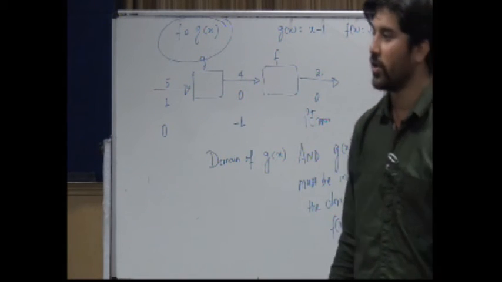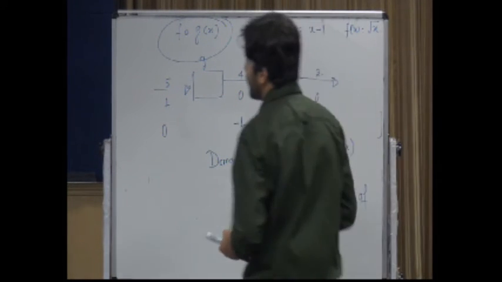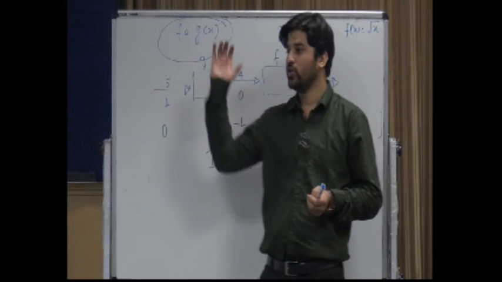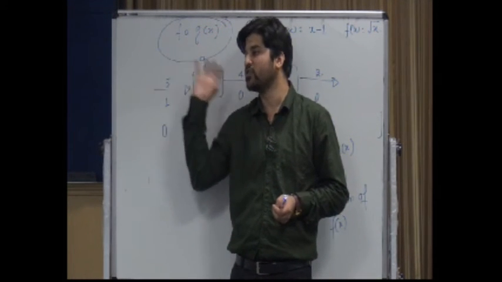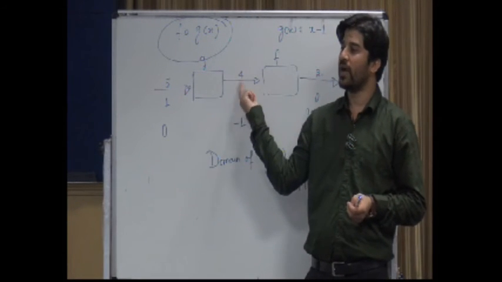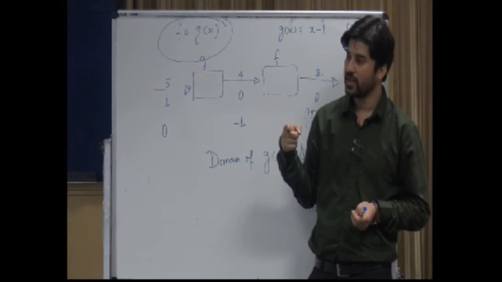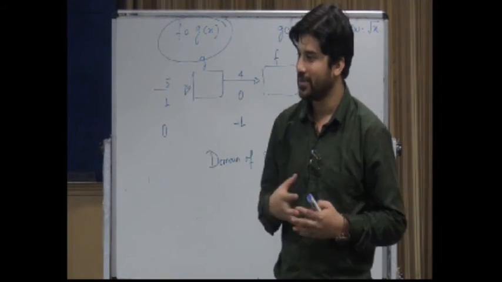Understood or not understood? So how can you calculate the domain of f of g? Simply, you must know the domain of g and then you must know the range of g, and that range of g needs to have an intersection with the domain of f. Right? थोड़ा सा complicated लग रहा है ना?